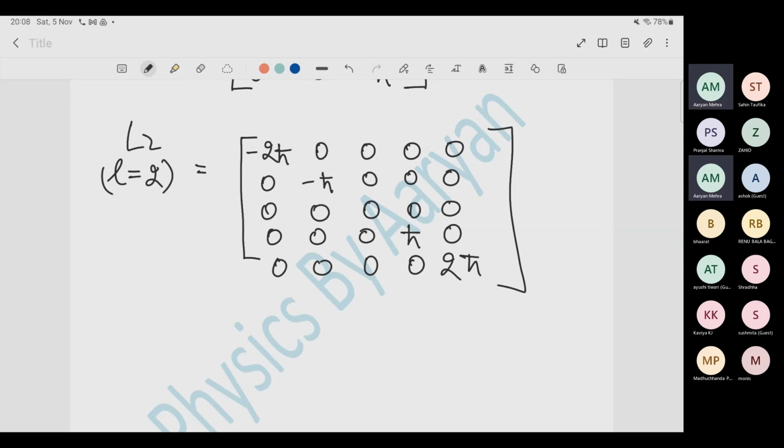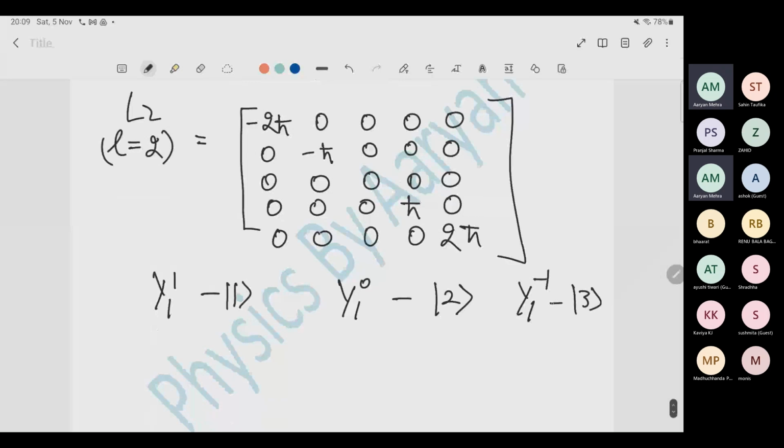That is also fine. So always remember this can happen, that the numbering of the states can be different, but always number in sequence. If you have given Y_1,1 as 1, then give Y_1,0 as 2 and Y_1,-1 as 3. Don't give this 2 and this 3 in a mixed way. That will be confusing. That is what you should remember.